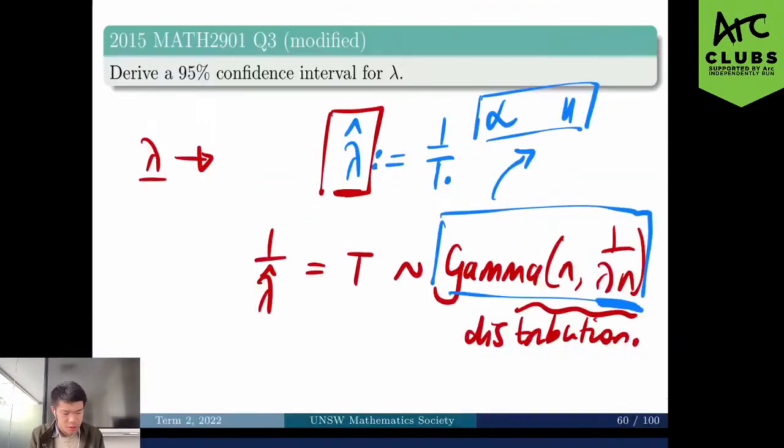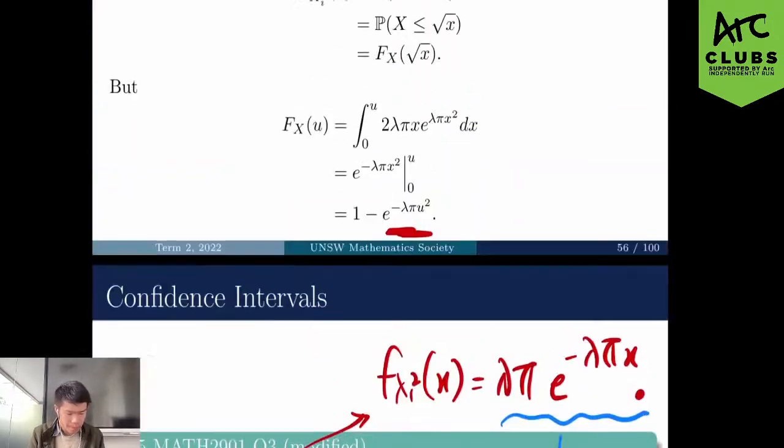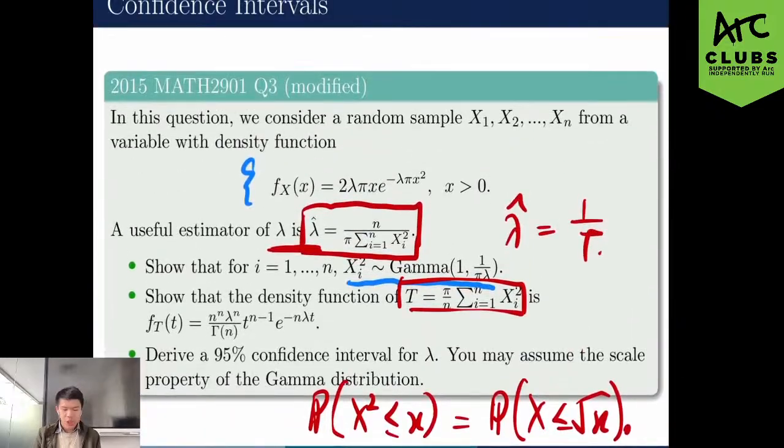Looking back at the question, it gives us a hint: you may assume the scale property of the gamma distribution. The scale property is a way we can manipulate the gamma distribution.